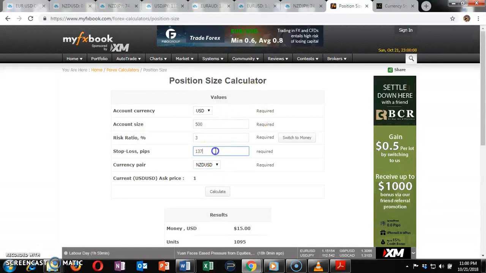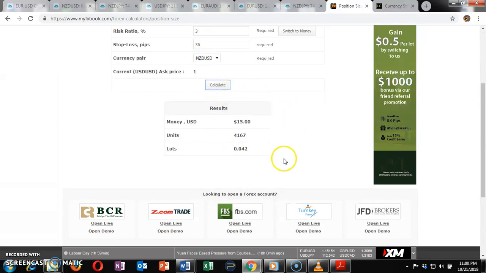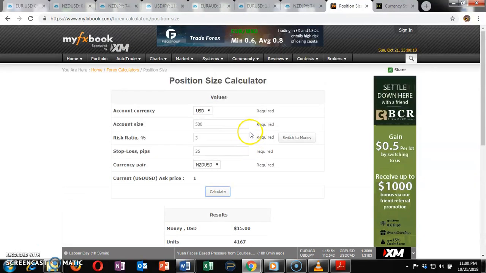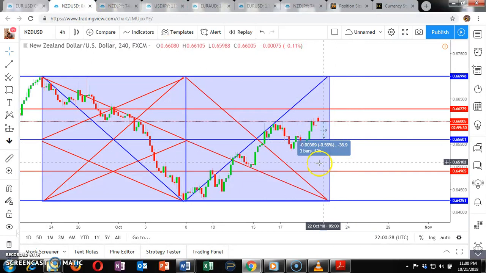Then make it a 36 pip stop loss, and then you calculate your lot size, which is 0.04. So you go in and put that on your MetaTrader 4, and then you come back here, input this 0.65601 as your stop loss on your MetaTrader 4, and then you take this as your take profit 1.